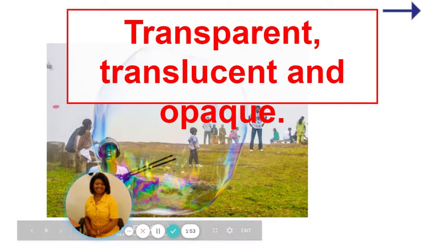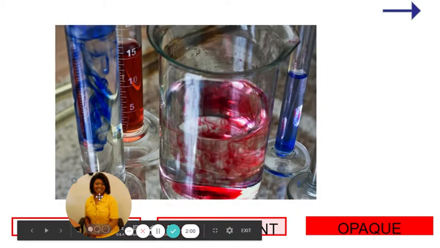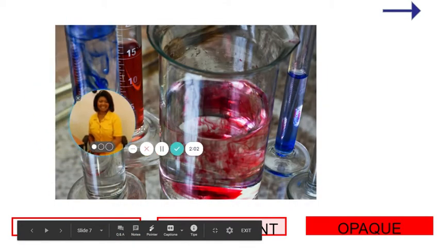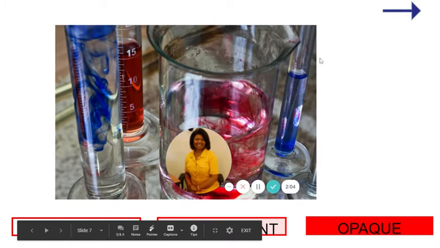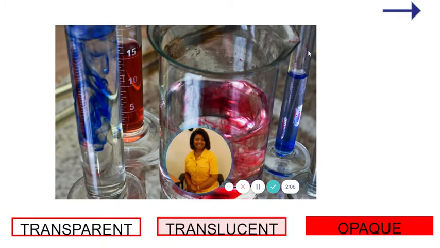So let's determine if these objects are transparent, translucent, or opaque. This is a picture of a beaker with water. Is it transparent, translucent, or opaque? Remember, transparent means that you can see through it clearly.